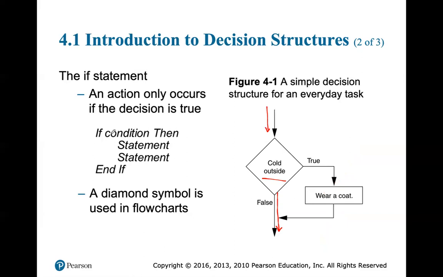Sometimes you will see the condition come after then, or maybe some languages do not use then at all. But this is the general idea of how these decision structures are set up. So if some sort of condition, in this case is it cold outside, then do something. Then these statements are going to be executed if this condition is true.